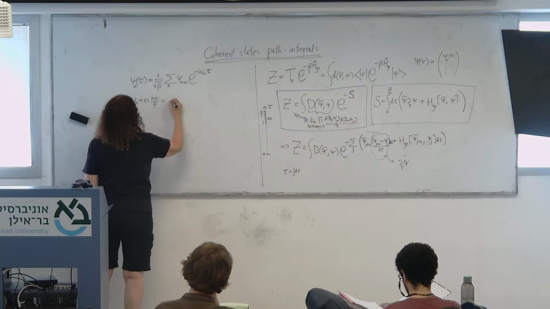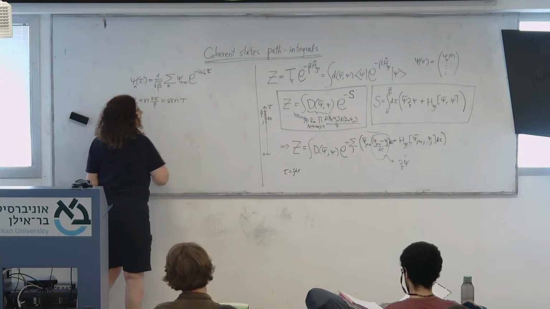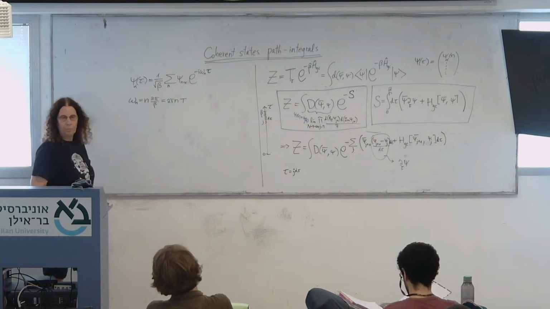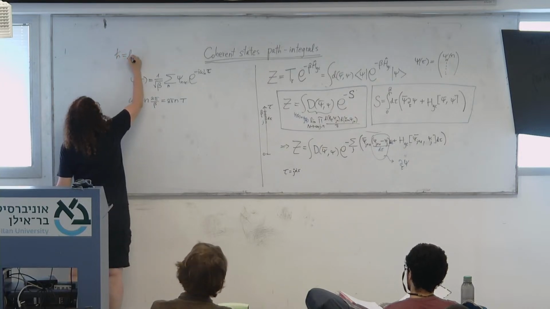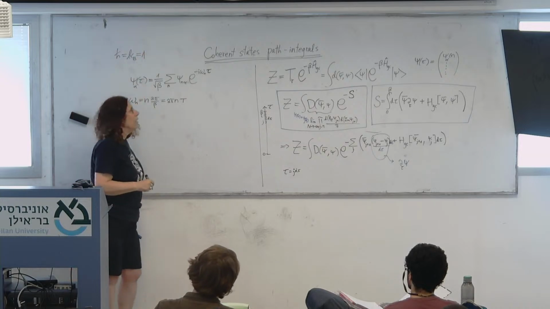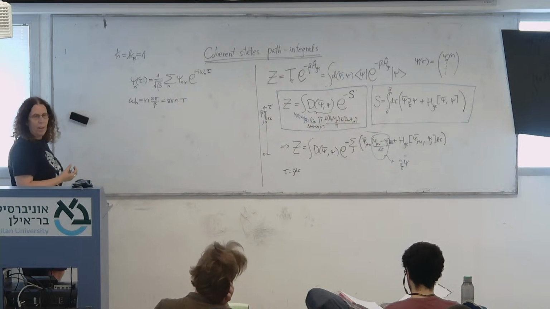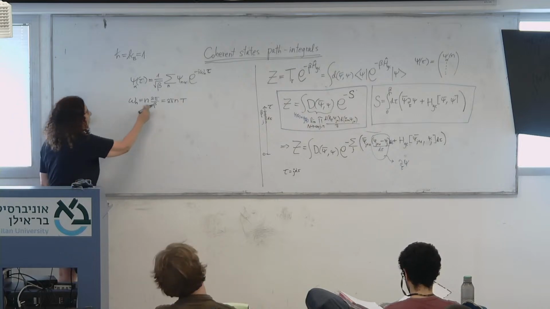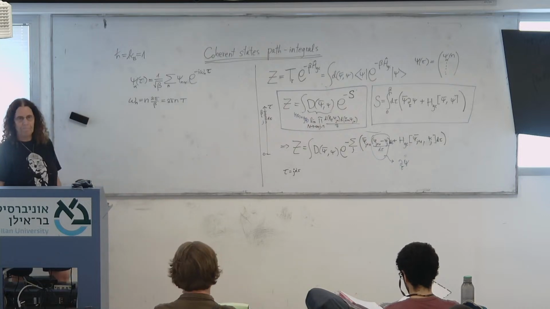So it's actually 2 pi n times the temperature. This is all in units where, remember, h bar and k Boltzmann are 1, so frequency, energy, and temperature all have the same units. Okay?